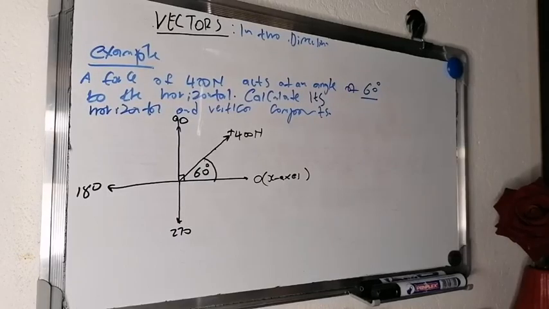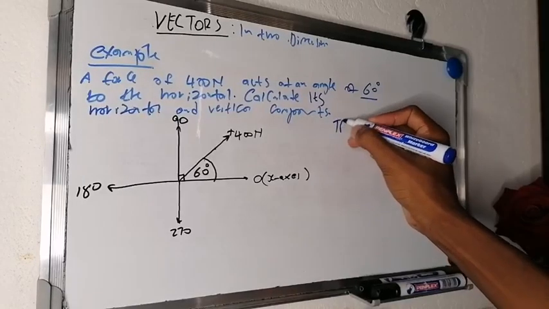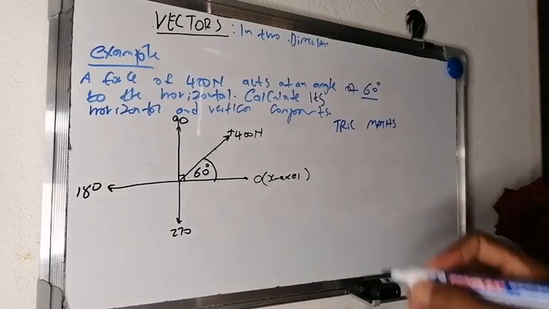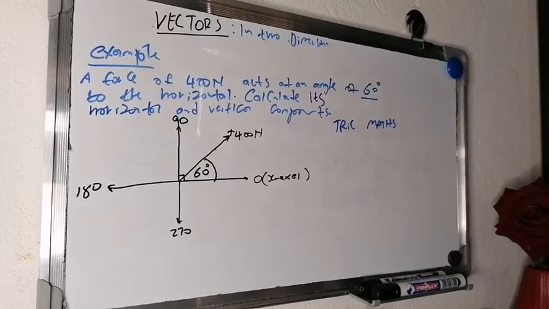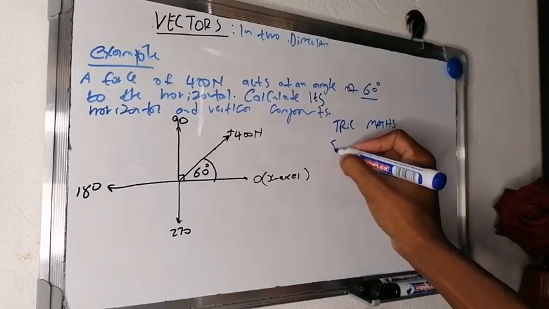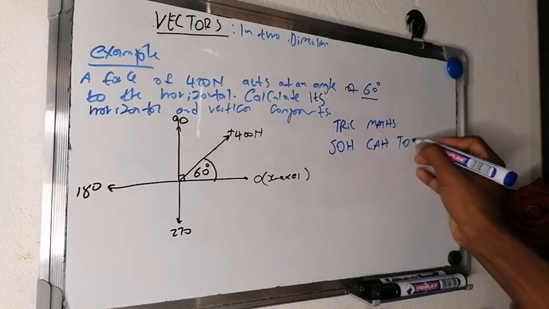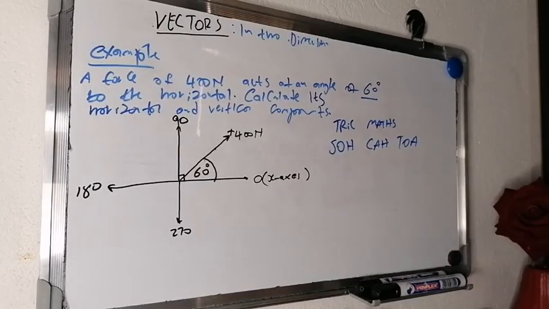Now, I'm going to take you back to our maths class, because that's where you need to understand trig ratios. I don't believe we have a physical science learner who does not do maths. We have been introduced to SOHCAHTOA in grade 10, so I'm just going to do that revision.